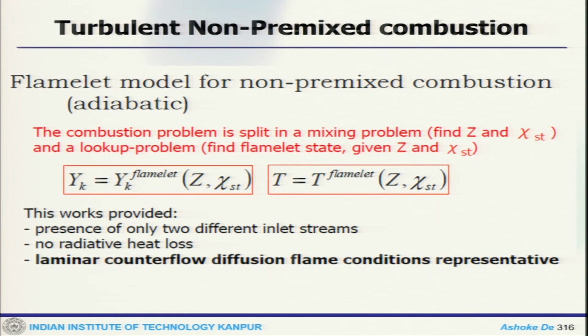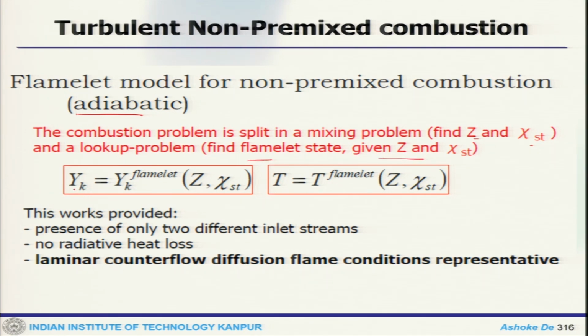Now if you see the flamelet model for non-premixed combustion, which is an adiabatic one, that means there is no heat loss. The problem essentially splits into two problems. One is the mixing problem, finding Z and then chi stoichiometric, and then the lookup table problem. That means the flamelet state is given by Z and chi stoichiometric.